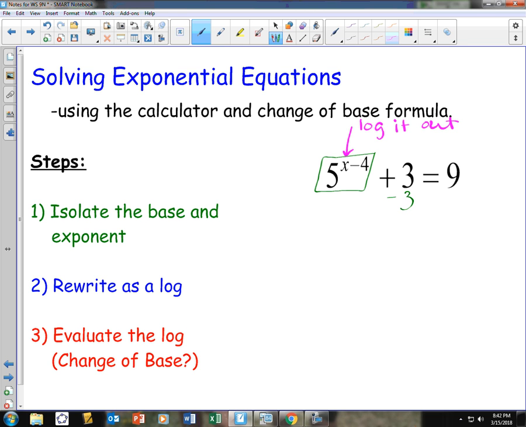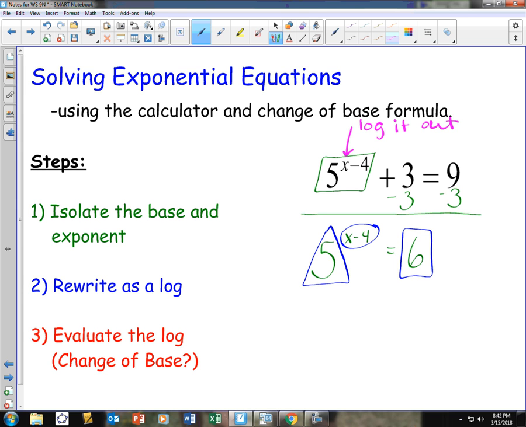So now I've got 5 to the x minus 4 is equal to 6. And now I need to log it out. So I've got one piece, another piece, another piece. So this is going to be log base 5 of something equals something. The x minus 4 will go here, and the 6 will go here.